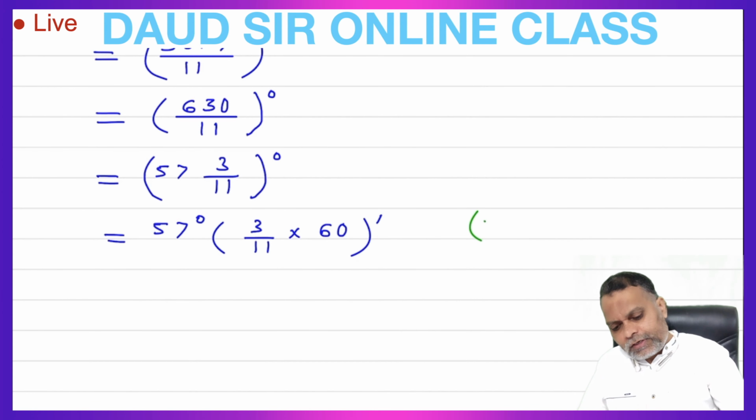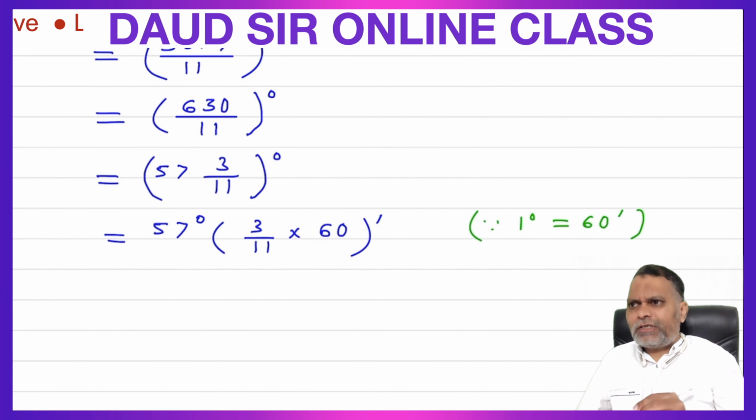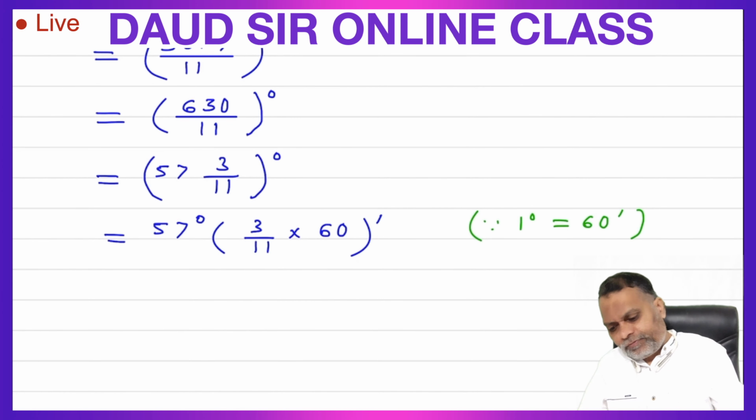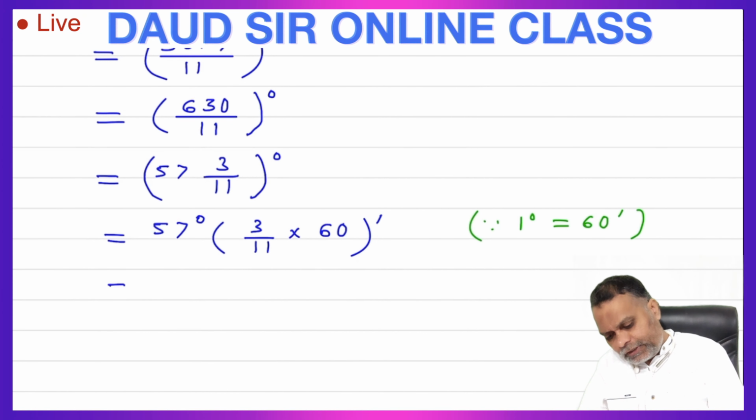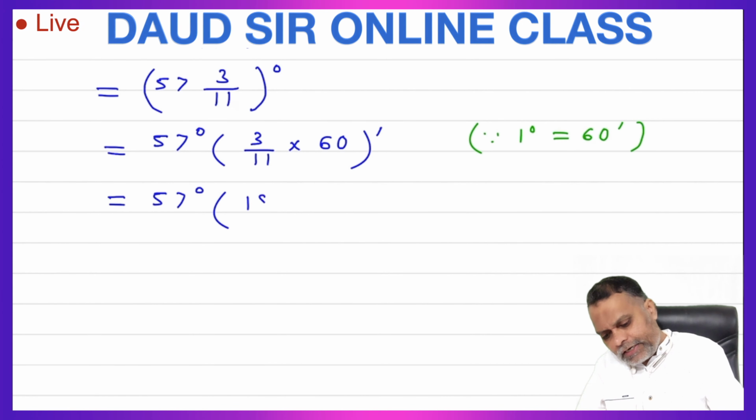Reason: since 1 degree is equal to 60 minutes, in this much degree, 3 upon 11 degree, we multiply by 60. So 3 upon 11 into 60 minute, which is equal to 57 degree, and this is 3 6s are 18, 180 upon 11 minute.